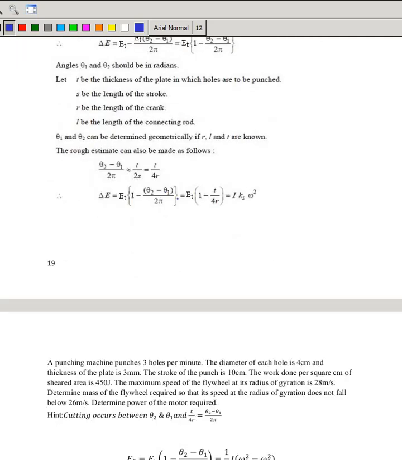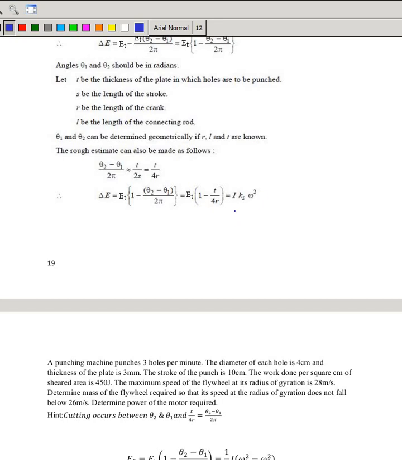Twice the stroke means four times the crank radius. So Et into 1 minus t by 4r is approximately equal to I k squared omega squared.